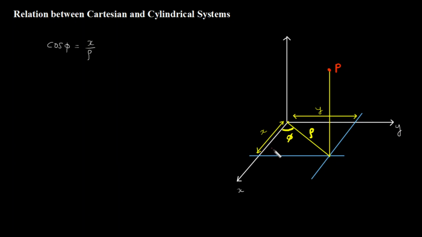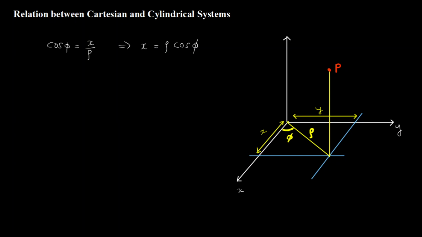So, this will be the hypotenuse, and this is where I am measuring the angle. So, adjacent side by hypotenuse is cos phi. So, this tells me that x is nothing but rho cos phi. So, if I know rho and phi, I can substitute here and find the equivalent x.